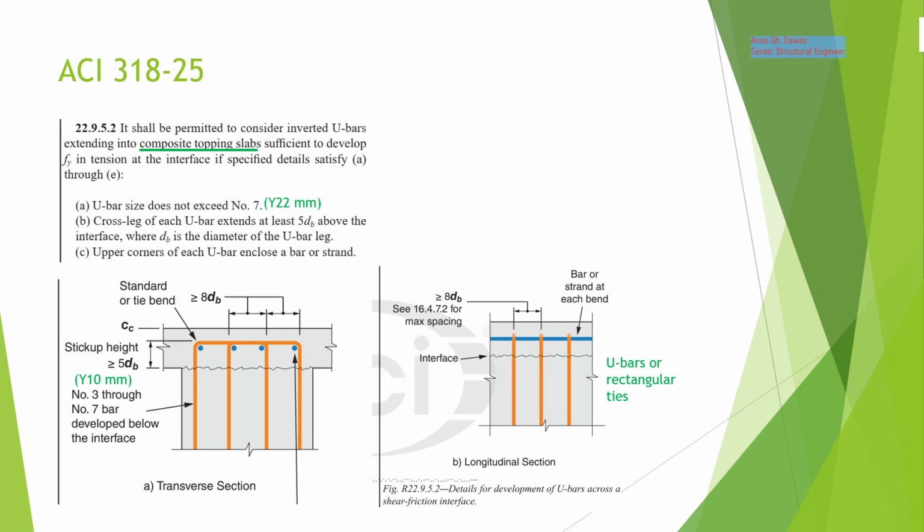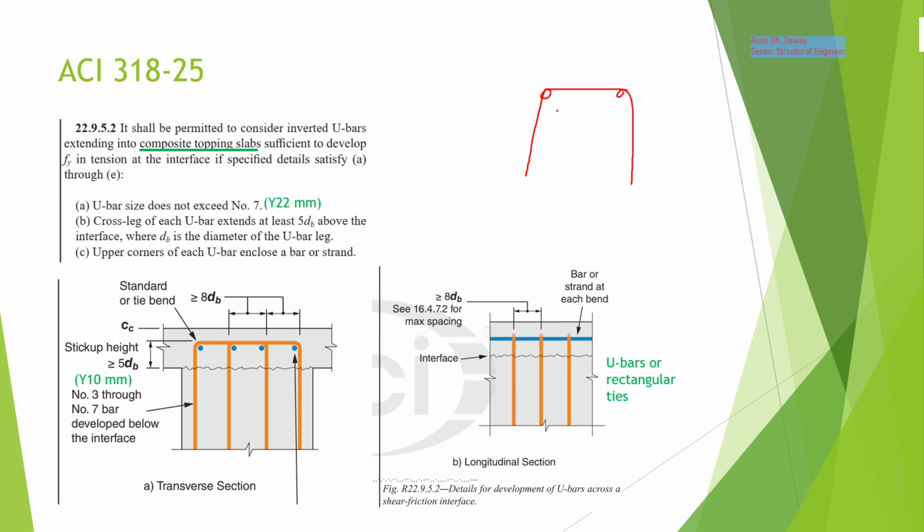Also in ACI 318-25 we have an additional provision for the shear friction reinforcement used, for example, in a composite section. If you have a topping slab and you have a beam, or sometimes a precast beam, you can provide the shear friction capacity across this cold joint using U-shape reinforcement.